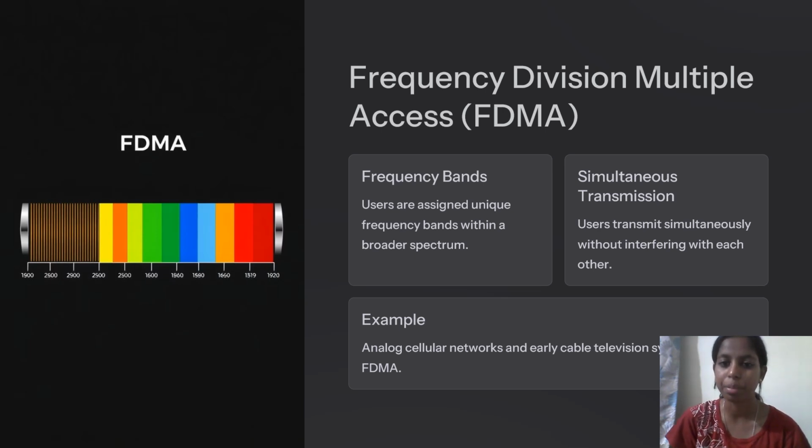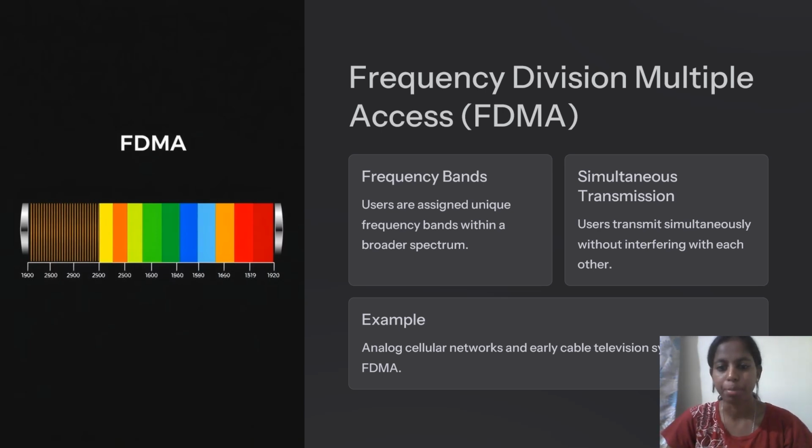As in TDMA, users are allocated specific time slots to communicate, whereas in FDMA, users are assigned unique frequency bands within a broader spectrum. If the users want to communicate in FDMA, specific frequency bands are allocated to each user, and within those frequency bands itself the users communicate.